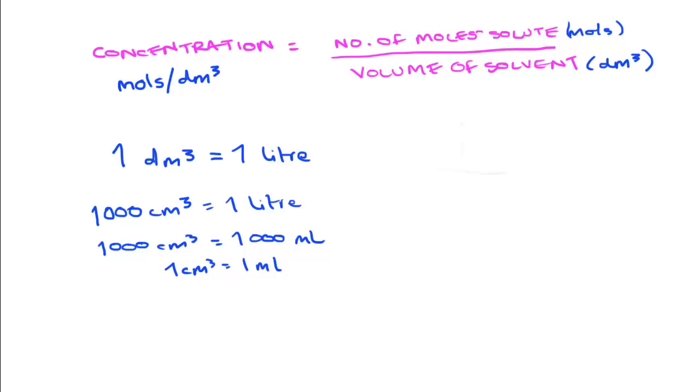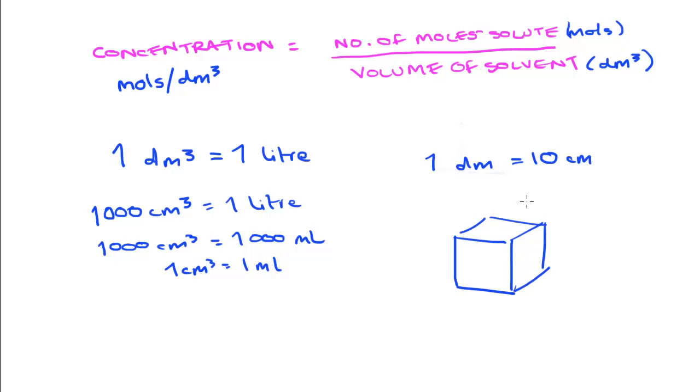So now, what's a decimeter cubed? 1 decimeter equals 10 centimeters. Now if I draw a box like this, and I'm going to write 1 decimeter times 1 decimeter times 1 decimeter, that gives me a decimeter cubed.